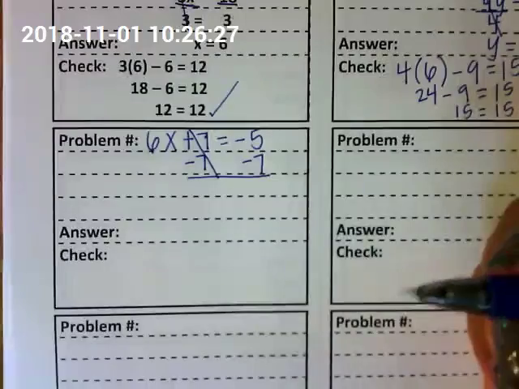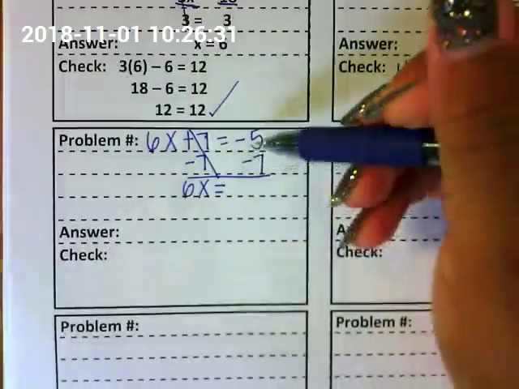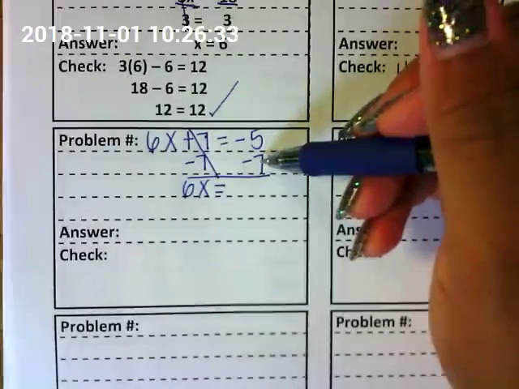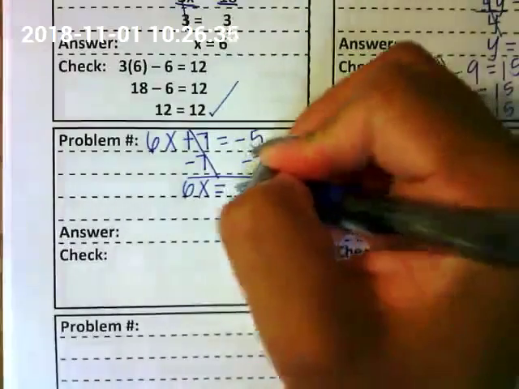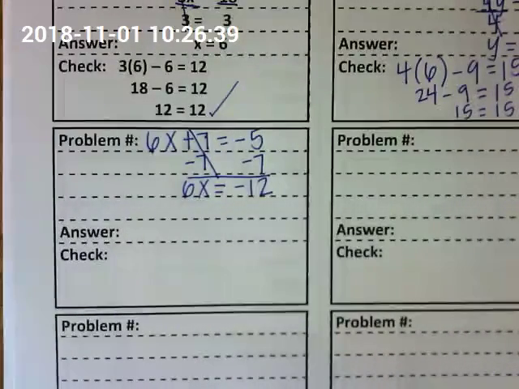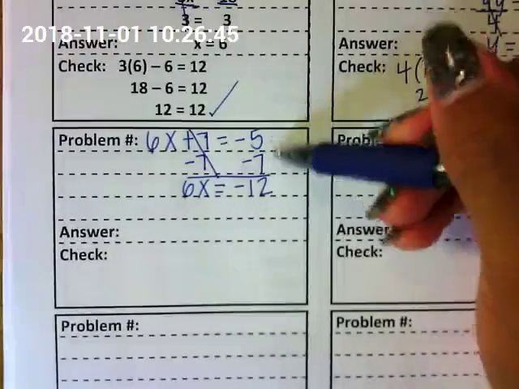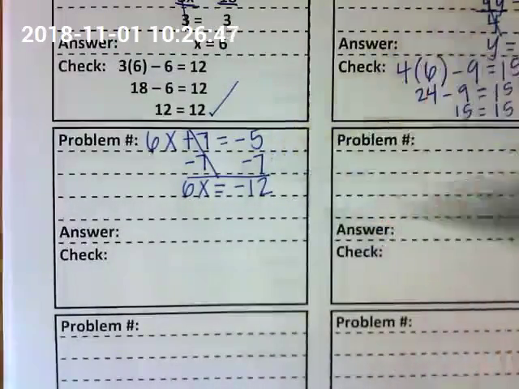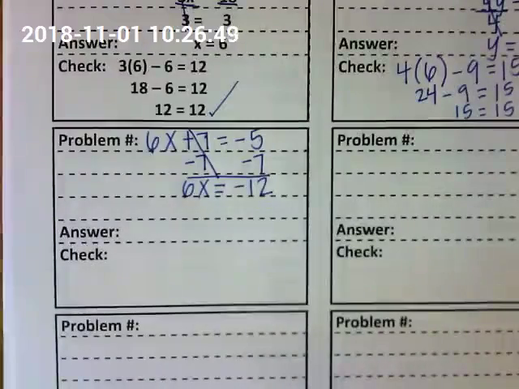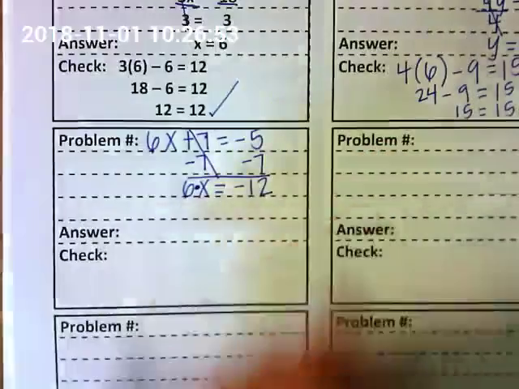So I'm left with 6x is equal to negative 5 plus negative 7, which gives me negative 12. So same sign, add and keep. These are both negative. We add and keep the sign. So now I need to undo my multiplication.